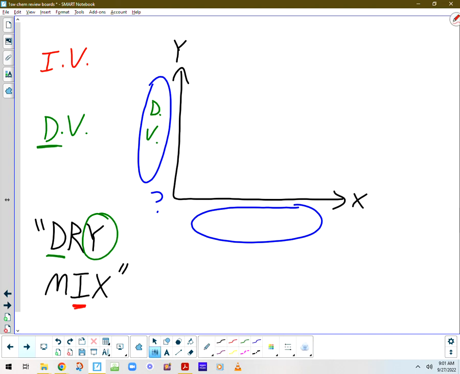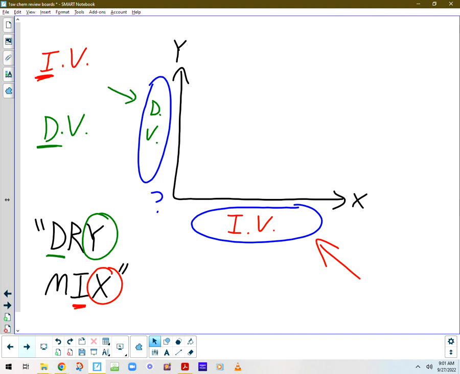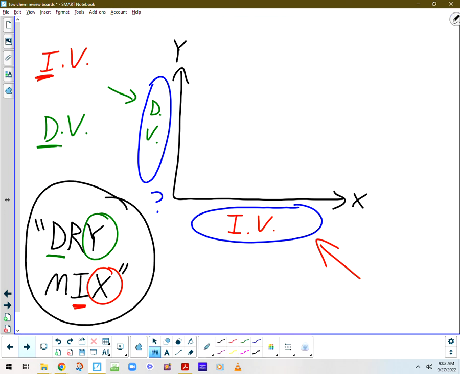There's the I for independent, goes on the x-axis. So the thing that I change goes down here, and what I'm measuring goes up here. So if you look at a graph, you can look and see what is on the x-axis and what's on the y-axis, and that should tell you what your independent variable and what your dependent variable is, if you remember this right here.